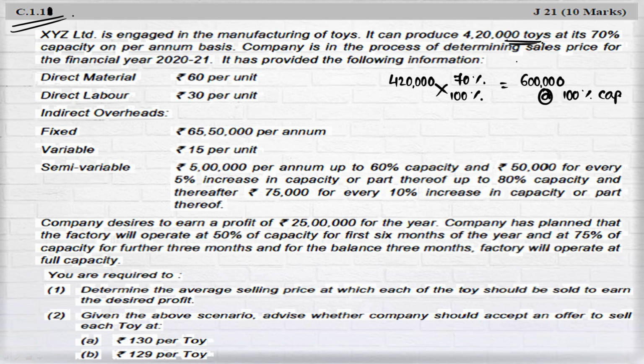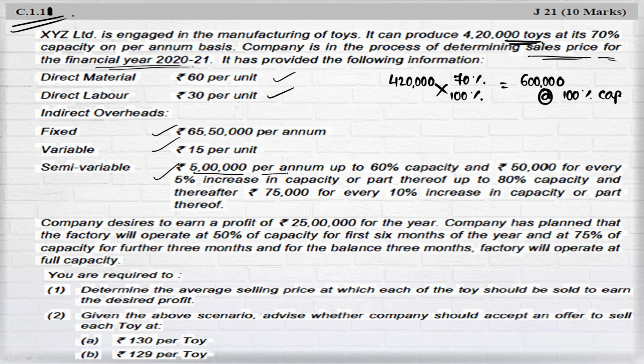The company is in the process of determining its sales price for the financial year 2021. It has provided the following information: direct material, direct labor, fixed, variable and semi-variable. I hope it is given in correct way this time.